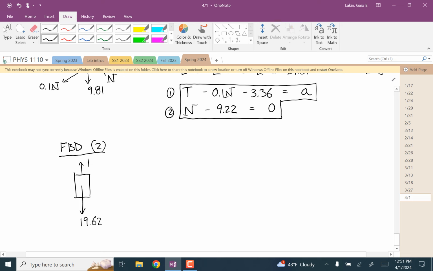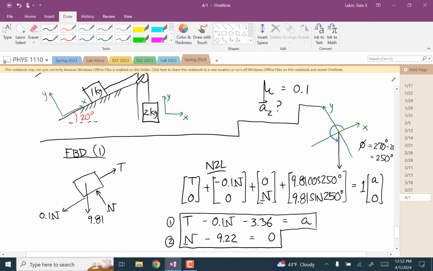We have a cable force up of T. So Newton's second law says 0, T plus 0, negative 19.62 is equal to the mass times the acceleration.